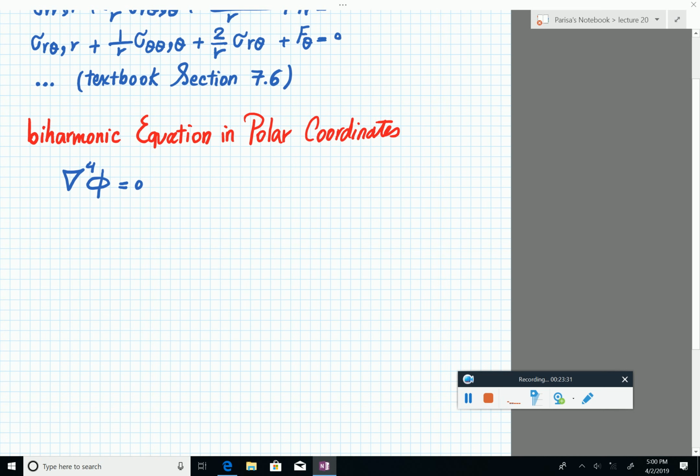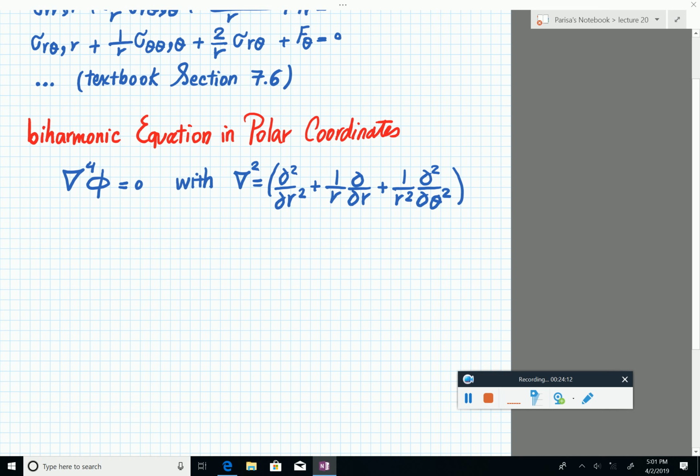But, of course, the way the Laplacian is defined in the polar coordinate system is not as straightforward as in the Cartesian coordinate system. So you have the second partial derivative with respect to r, then another term, 1 over r, the partial derivative with respect to r, and then 1 over r squared, the second partial derivative with respect to theta.